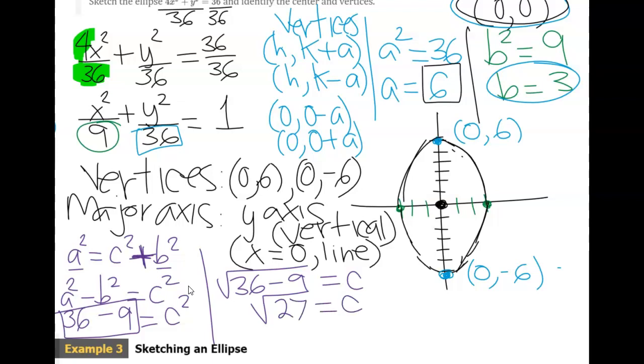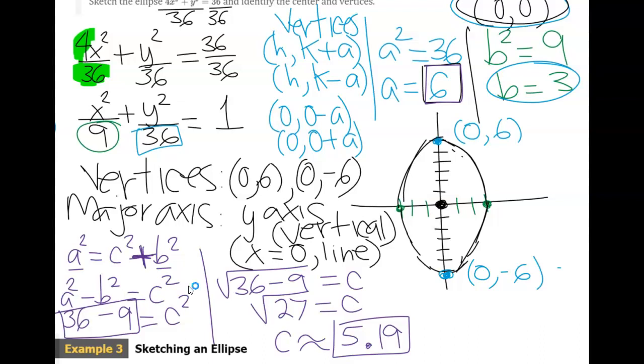That will be c. Now, the square root of 27 is approximately 5.19. So you know you're right as long as that value is below the value that you got for a, which was 6. So it's okay.